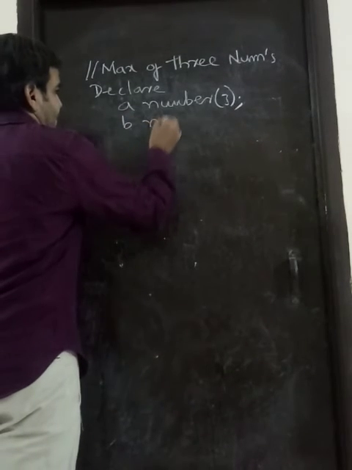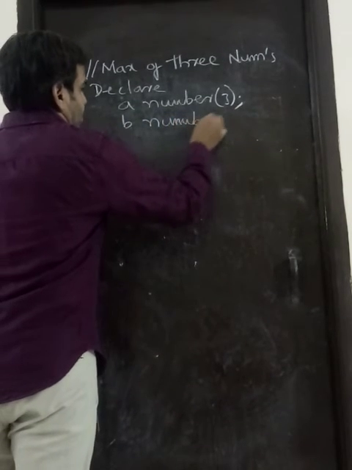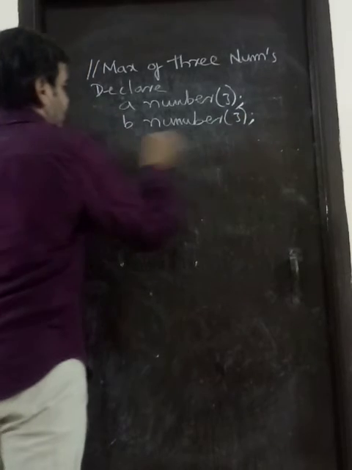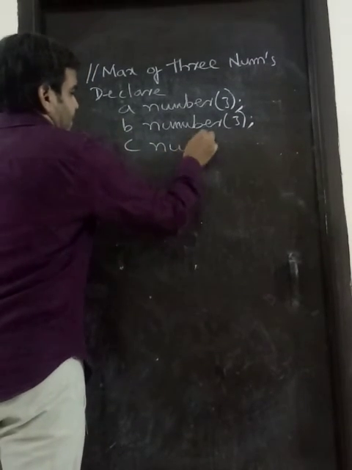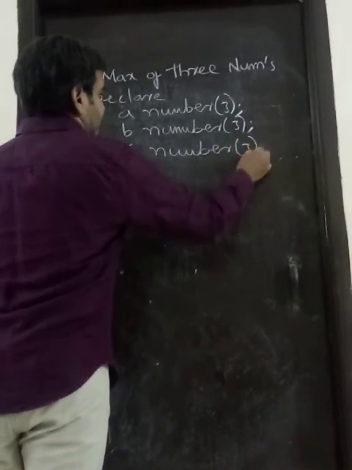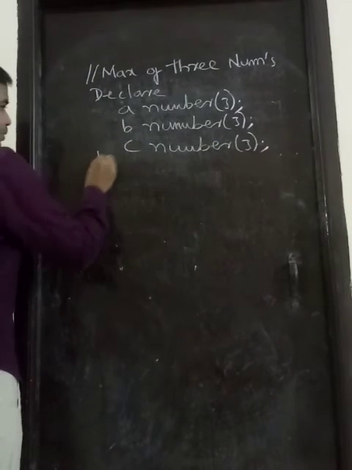Then B, number of 3, C, number of 3. Okay, then begin.